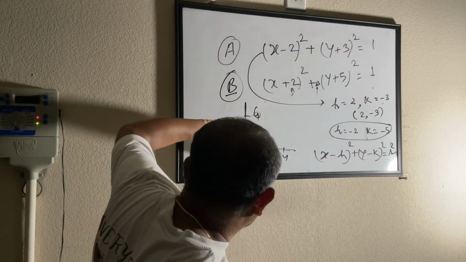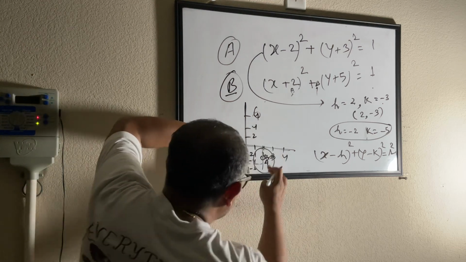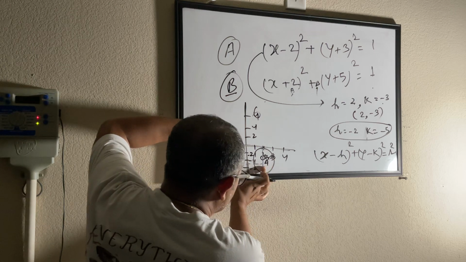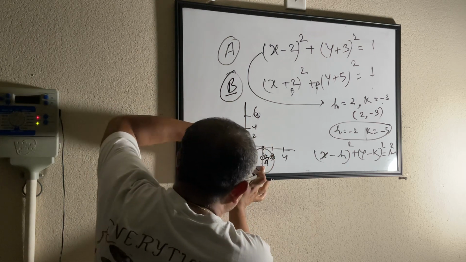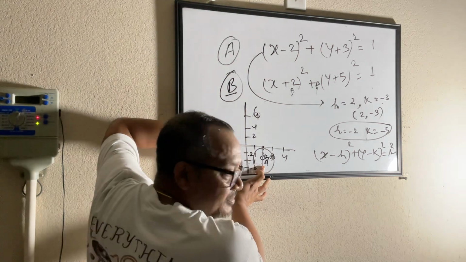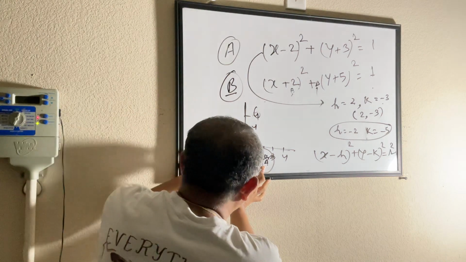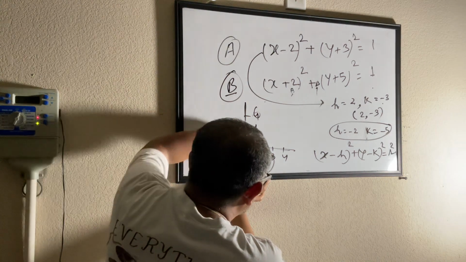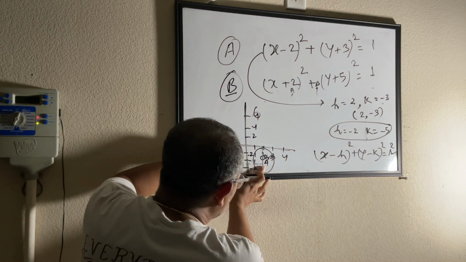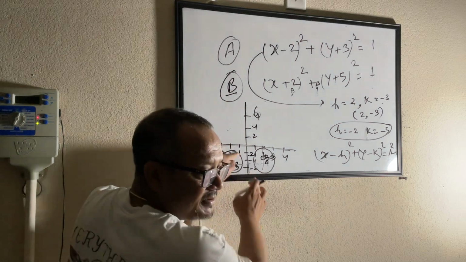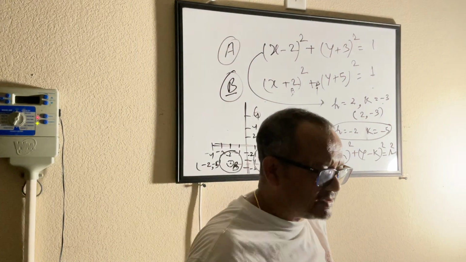On the x-axis, how far apart are they? 2 and minus 2, that is 4. This distance is 4. So circle B is 4 units left of A. And then how far apart are they on the y-axis? This is minus 3 and this is minus 5. So circle B is 2 units below circle A. Does that make sense?